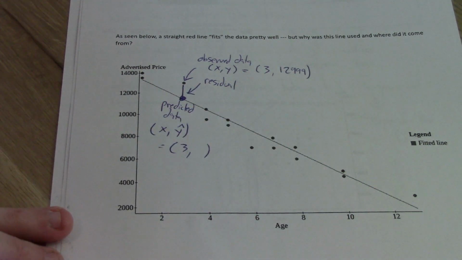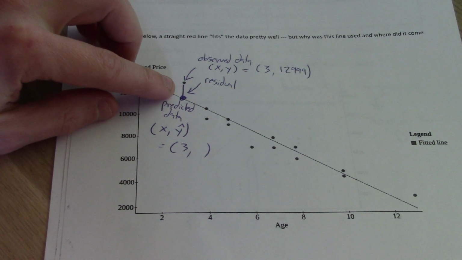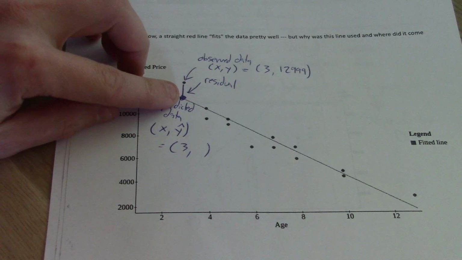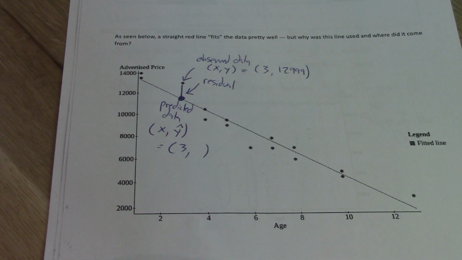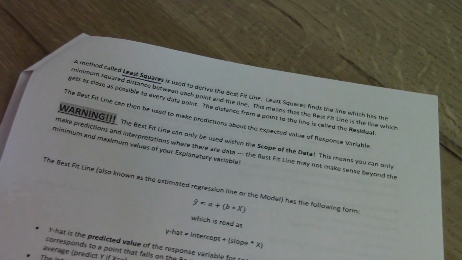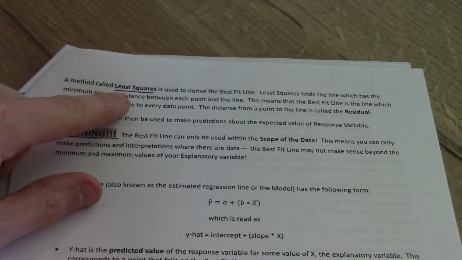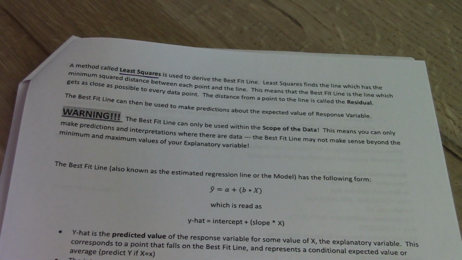Okay. So what we want, again, is a line such that these distances between the observed data and the predicted data are minimized. So if those distances are really small, then that means the line will be close to that point. And we want it to be close to all of the points. So the way that that's done, and this is where we ended on Thursday, is through a method called least squares. So it's kind of like the computation for a standard deviation.